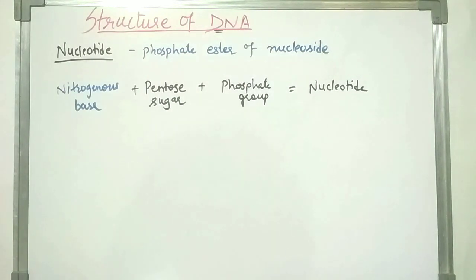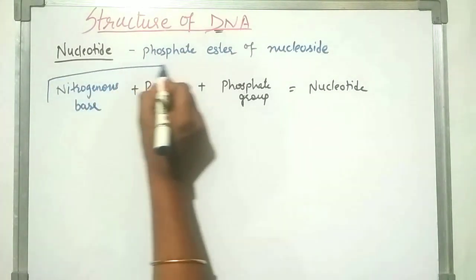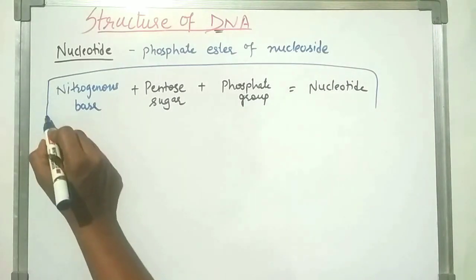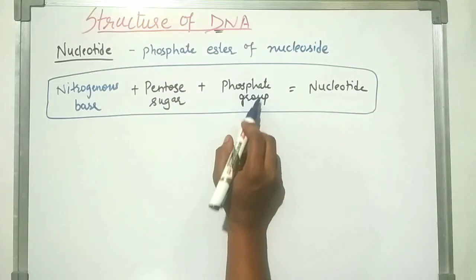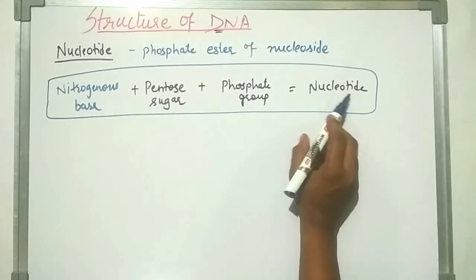This is very important, you need to remember this one. Nitrogenous base, pentose sugar, phosphate group. This is called a nucleotide.